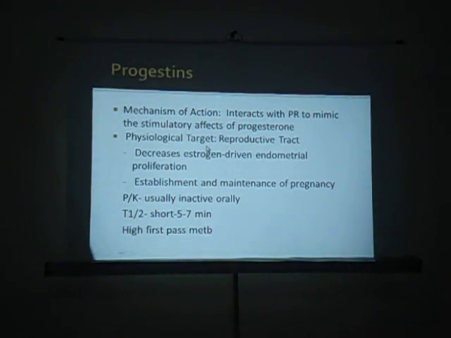Estrogen-driven endometrial proliferation is prevented, and establishment and maintenance of pregnancy occurs. Progesterone is usually inactive orally, but the 19-carbon derived synthetic ones are active orally. Its half-life is very short, 5 to 7 minutes, and it has a very high first pass metabolism.